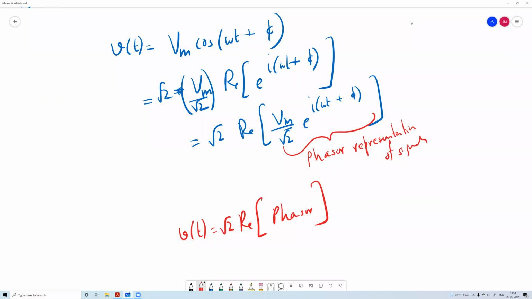This term, which I have circled, is the phasor representation of this signal v(t). The phasor and the signal are not the same thing. Why? The signal is always real. Everything in this equation is real. However, this is almost always complex, not imaginary.